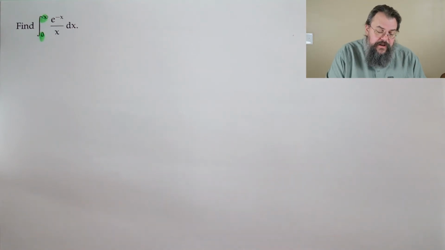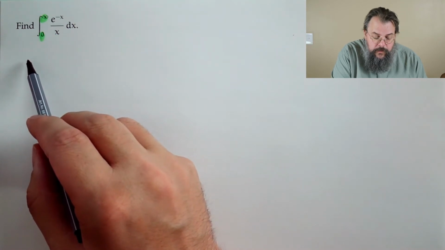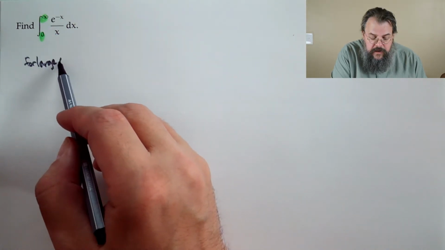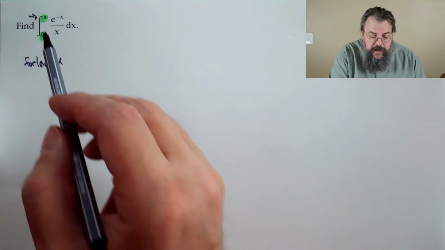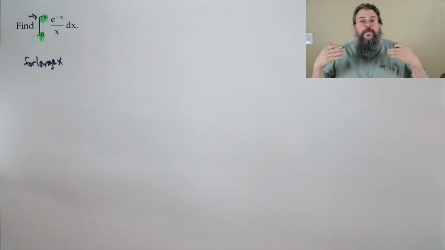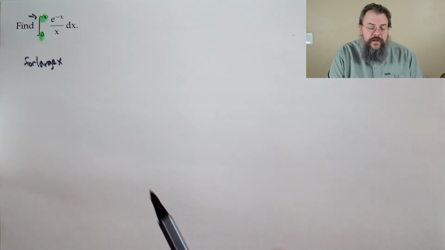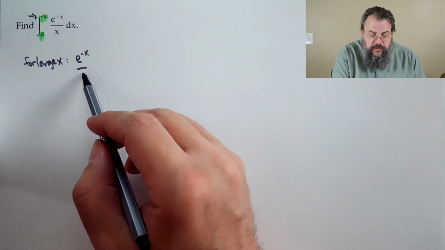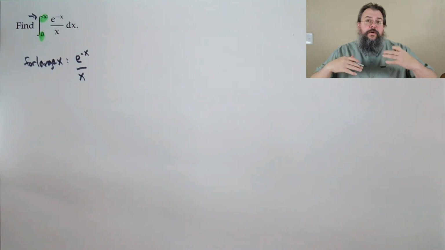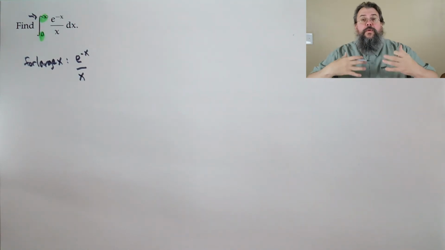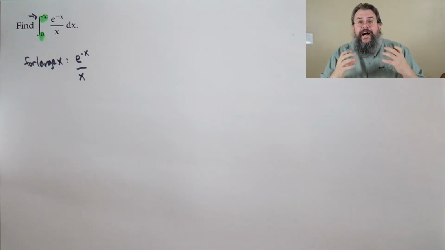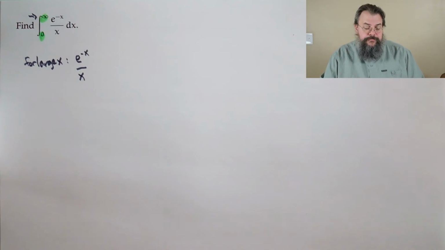Okay, so for large x, in other words, I'm focusing right now on the top. What does this behave like? Well, we have e to the minus x over x. And one of the things that you want to do is start building up a repertoire and say, hey, I have a basic set of functions that I know how they converge.